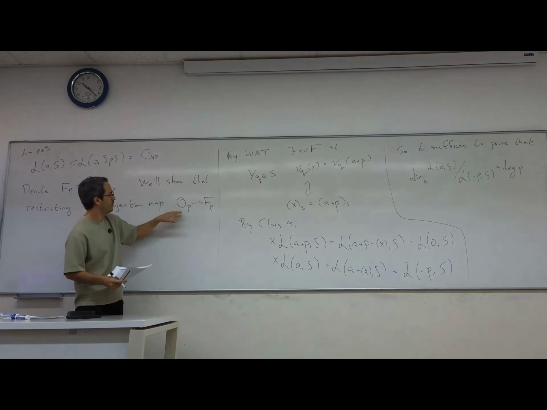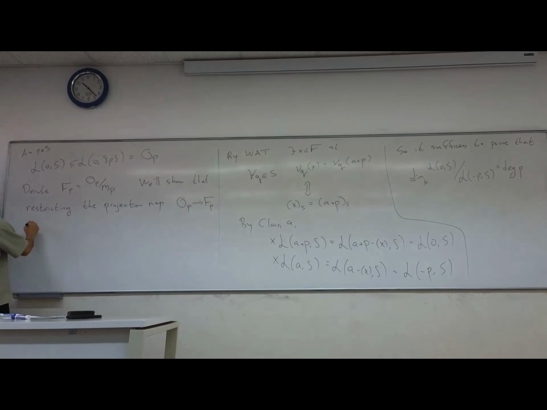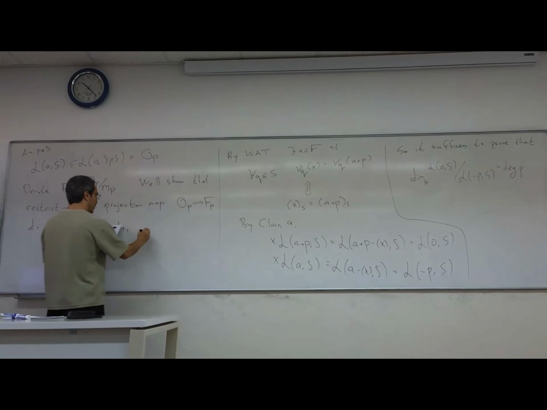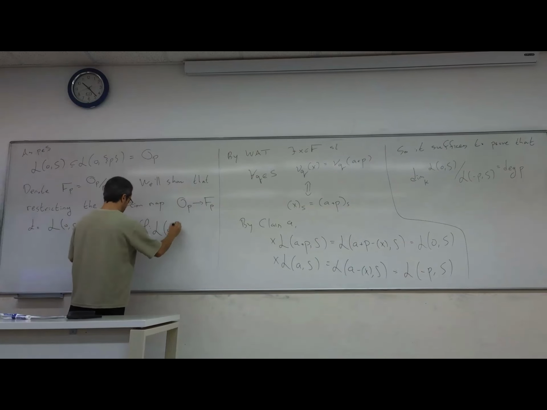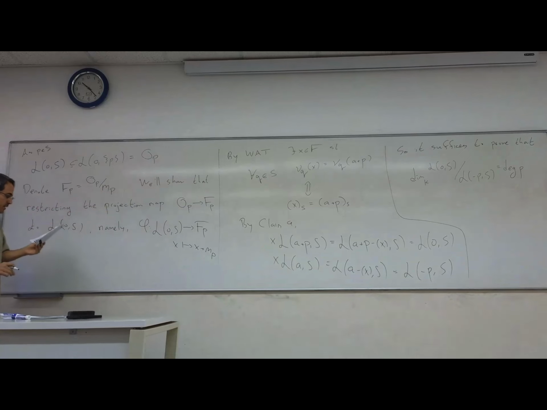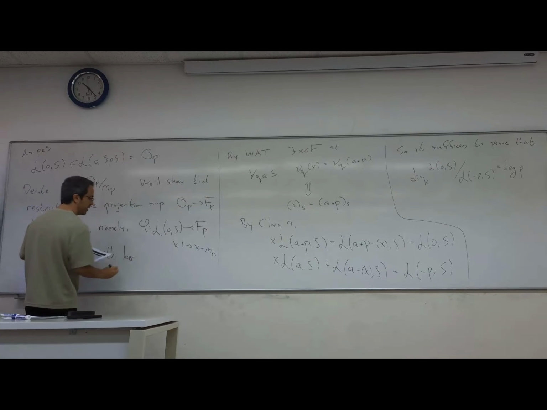Namely, we look at the map that takes x to x plus m_P. It's the same map, but restricted to this smaller domain. We are going to show it is onto, and with kernel, what do you think the kernel should be?